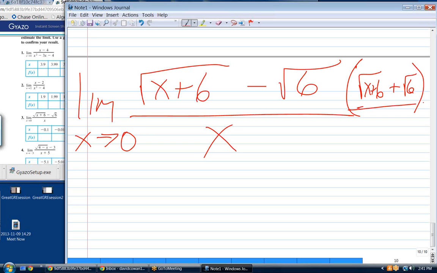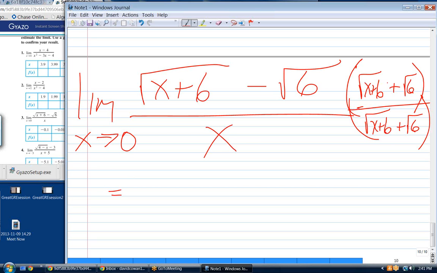Now, I can only multiply a function by 1 without changing its value. So if I multiply the numerator by the conjugate, I got to multiply the denominator by the conjugate also. Okay? And it's not immediately clear why that's going to help us, but it does.